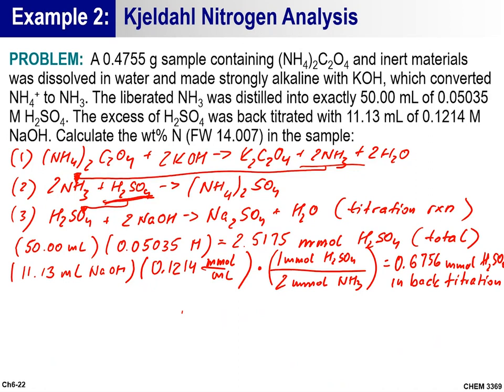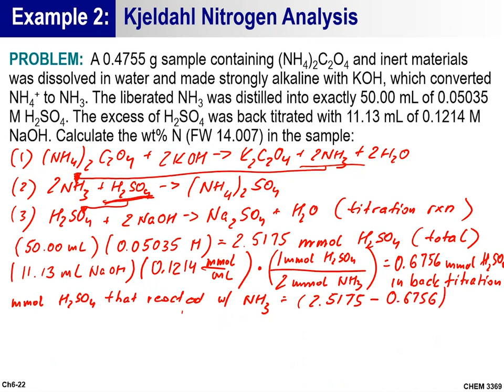So the millimoles of H2SO4 that reacted with ammonia, with NH3, will be the total H2SO4, which was 2.5175, minus the unreacted H2SO4, 0.6756.